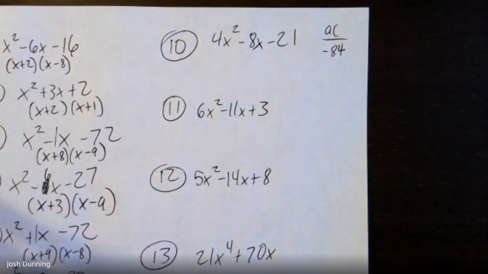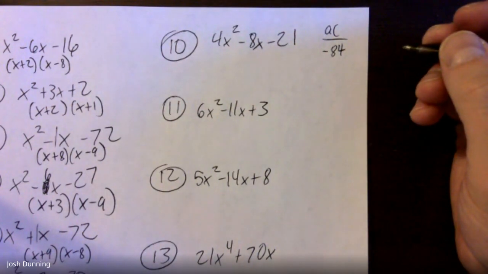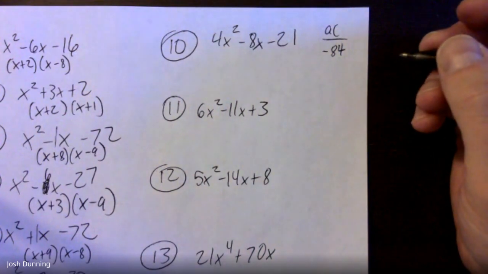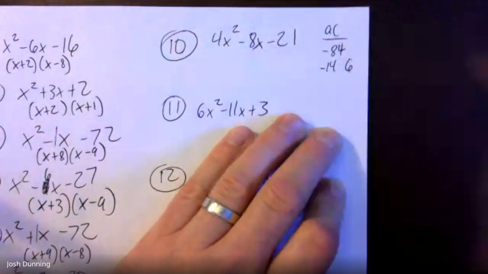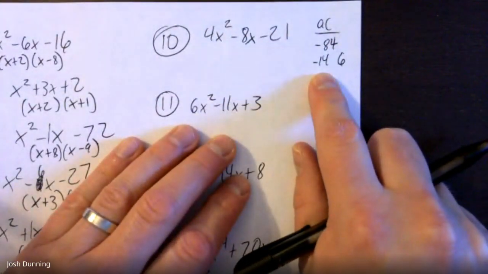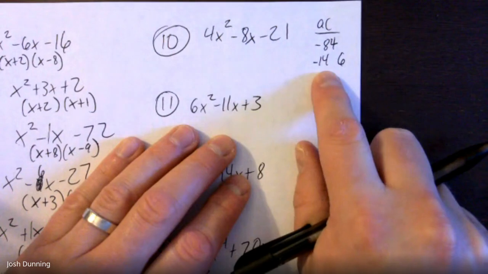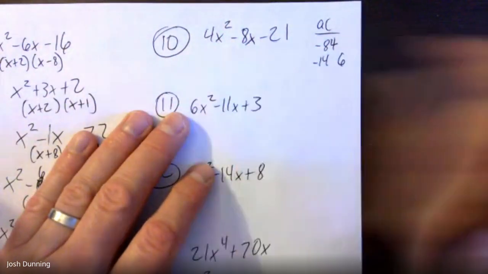So you would go through, you would look for factors and all that, and then you would find that 14 times 6 would give you the 84. One's got to be a negative. The 14 should be the negative because negative 14 plus 6, same thing as 6 minus 14, gives you the negative there.